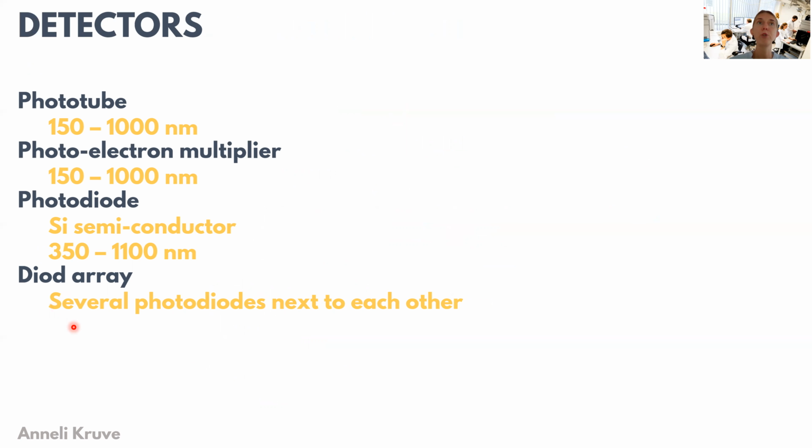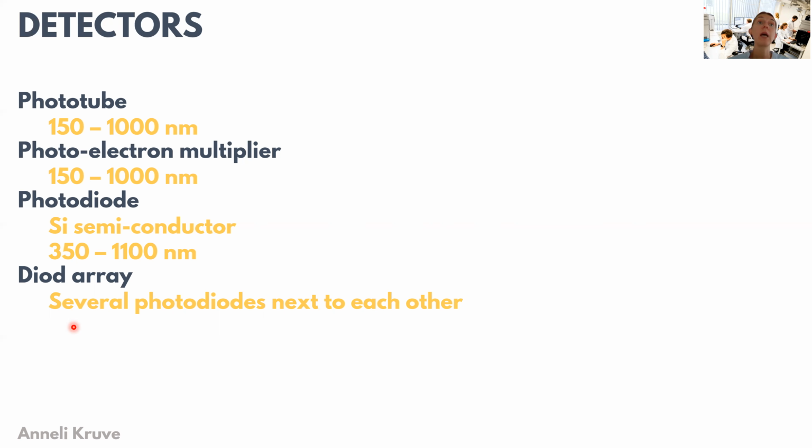Phototubes and photoelectron multipliers are used in a very wide wavelength range, and they are still very much used, but they lack the possibility to register signals from multiple wavelengths at once.